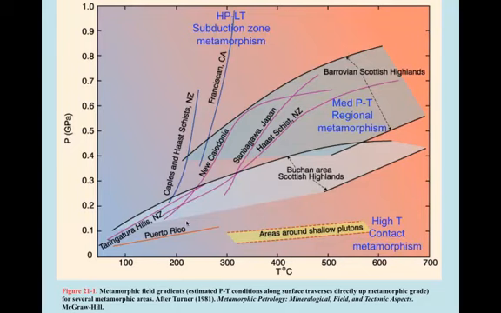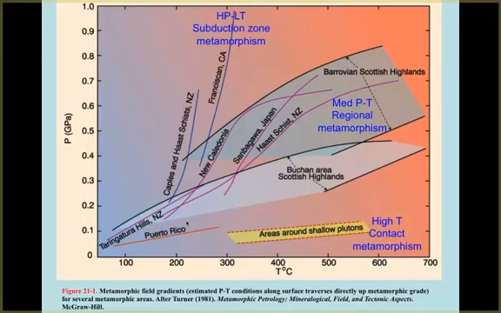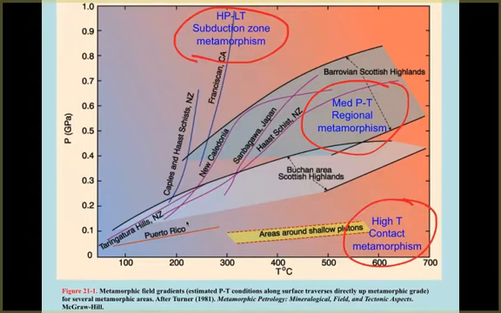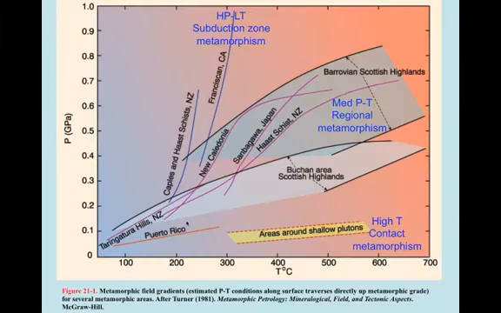So we can label those as being, in general, reflecting high pressure, low temperature subduction zone metamorphism, moderate or medium pressure and temperature regional metamorphism, and high temperature contact metamorphism. Those are the three basic types of metamorphism that we're going to deal with in class.